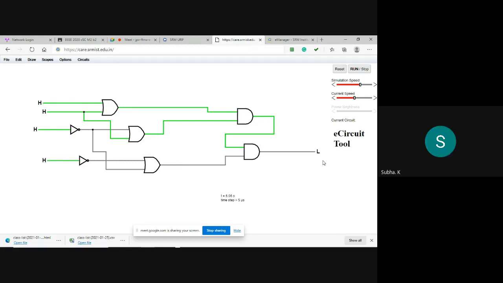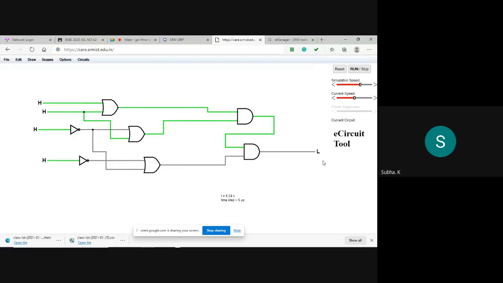Okay. Understood? Yes, ma'am. Okay. So what you are supposed to do is I will give you one fresh expression that you have to write in E circuit, and same 4 variables only I will give. Out of which you have to pick at least 5 combinations of inputs and you have to show me the output.